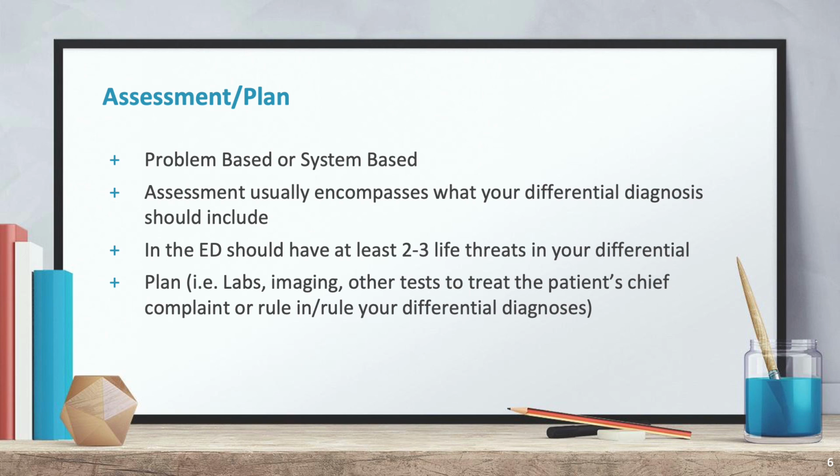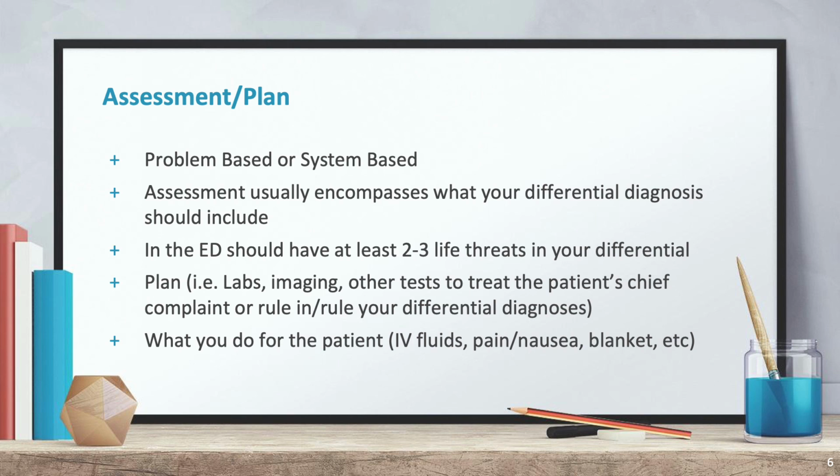And so after you get to your assessment and you've included your differential diagnosis, you want to get to the plan. What labs, imaging, tests are you going to need to rule in or rule out the patient's diagnosis? And there's 2 things that I do here. I break it down into what I do for the patient. So do they need fluids? Do they need something for pain, nausea?